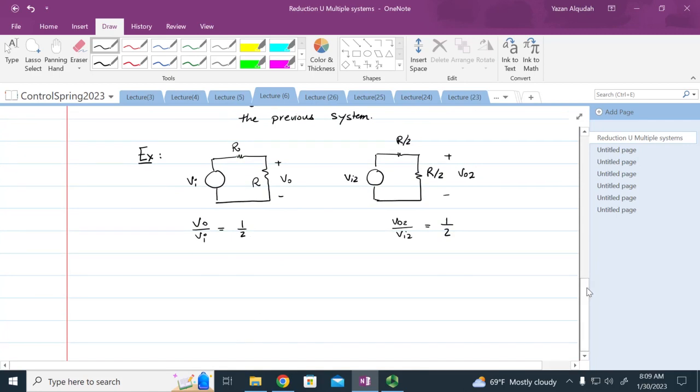So then, somebody needed to build a circuit and decided they're going to build a circuit like this.